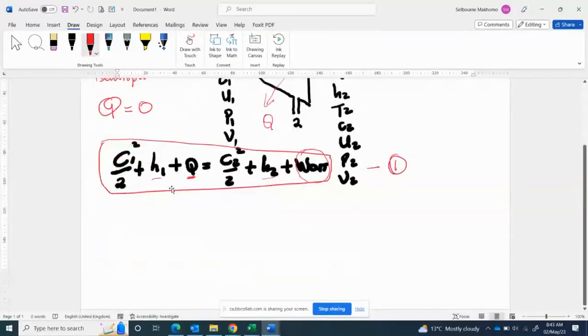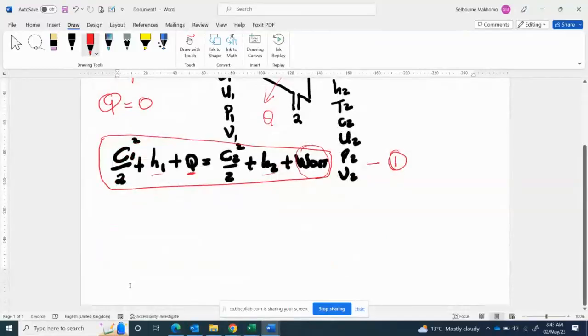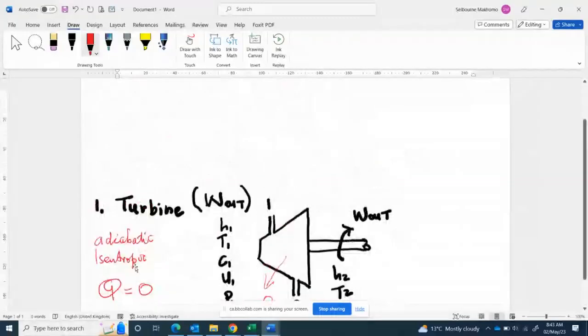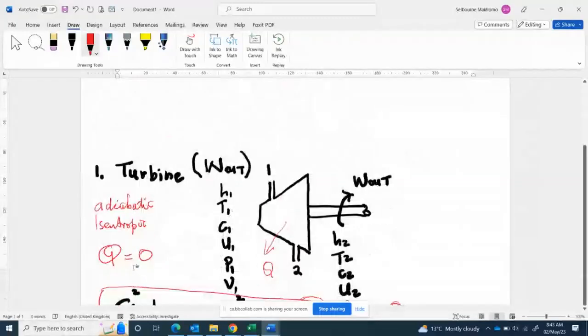So the second one is going to be a compressor. The function of a compressor is simple: to increase the pressure of air.